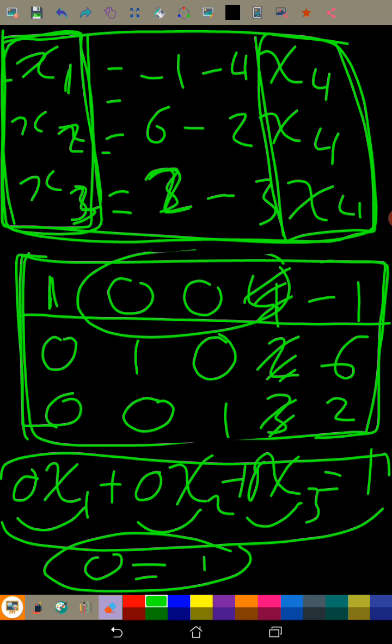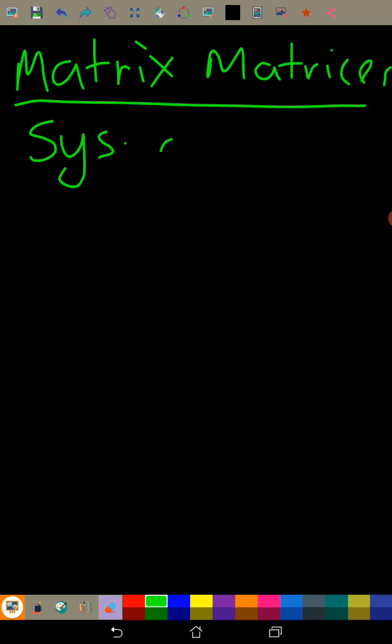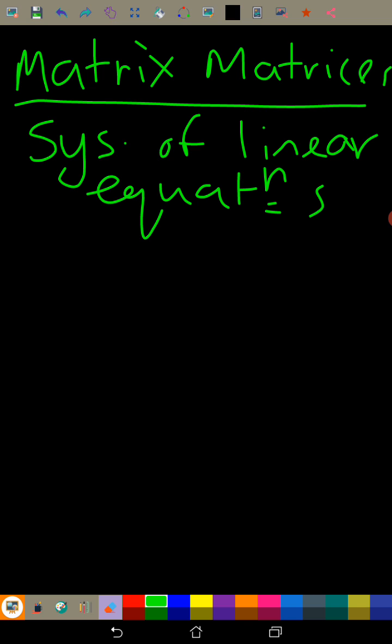So just a review of what we did. We know what a matrix is. It's an array of numbers. We know what a system of linear equations is, and we know what a linear equation is compared to a curve and so on.